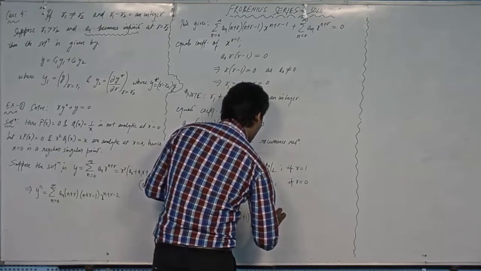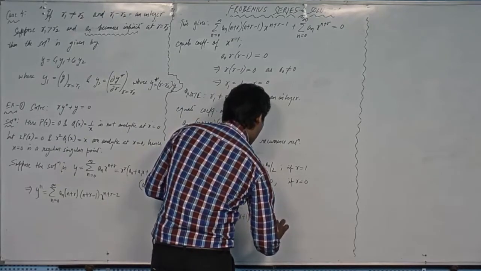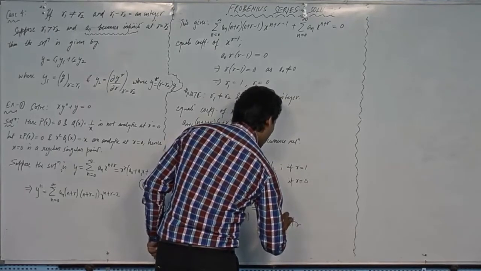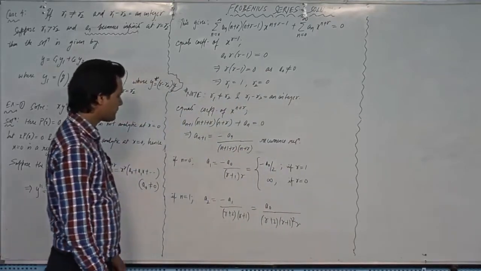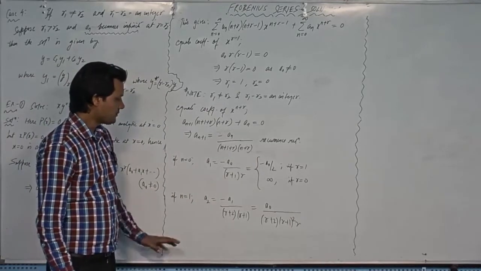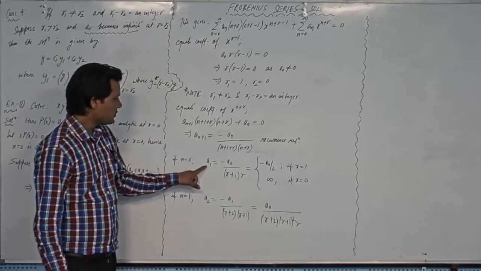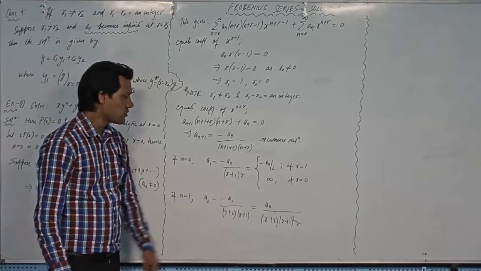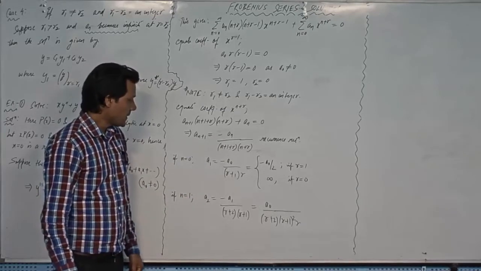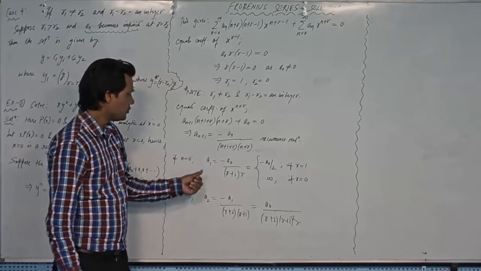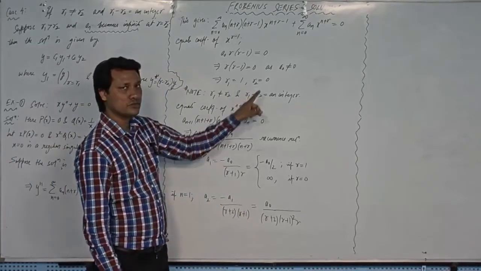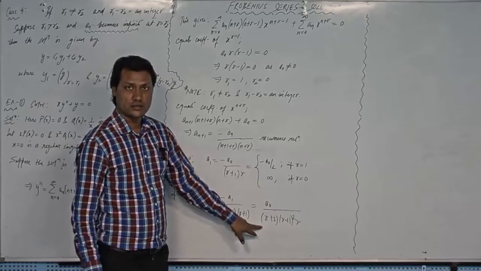That will give me a naught over (r plus 2)(r plus 1) whole square multiplied with r, right? So this is a1, this is a2, fine. And we will use these coefficients. I am not finding the higher coefficients. I already have three coefficients, a naught, a1 and a2, that's fine. Note that you actually need not evaluate the value of a2 at these points. You just leave it in terms of r, right?